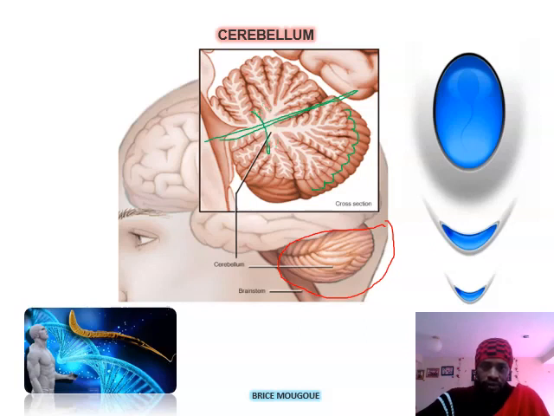And if we look within the cerebellum, we will see these whitish structures that look like branches that together form a tree. Hence, we call this pattern the tree of life. In Latin, arbor vitae, the tree of life.